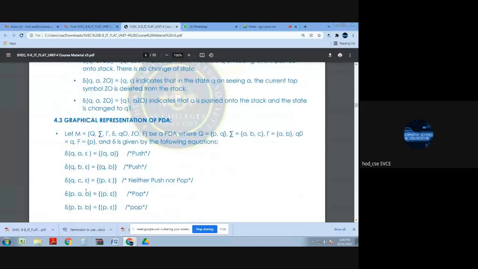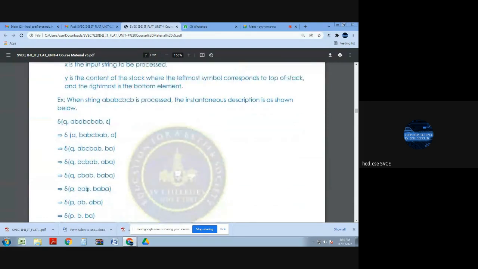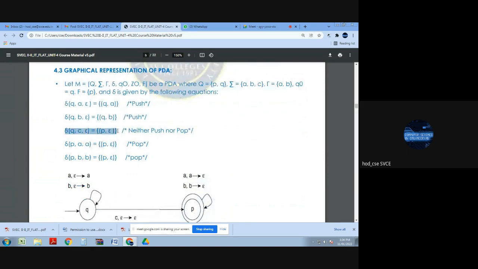Q comma C comma epsilon, neither push nor pop is performed. So everything will remain presented like that only, BAB, BA. Nothing changes here because no change was given for Q comma C comma epsilon. Neither a push operation nor a pop operation is done.